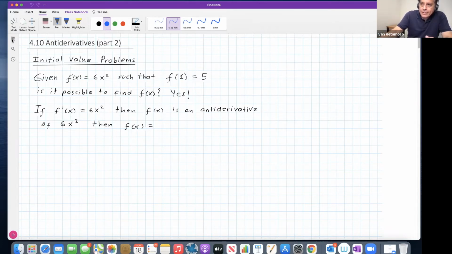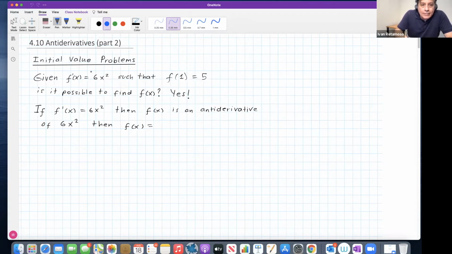But now, once you know how to take antiderivatives, you can use these techniques to solve what mathematicians call initial value problems. And what is an initial value problem? Well, it's a problem in which they give you the derivative of some function together with some initial input and output.